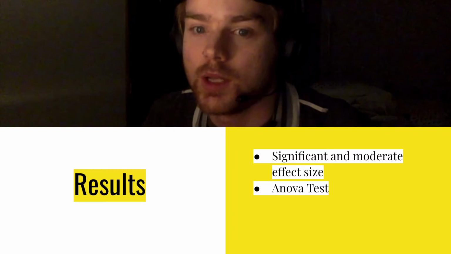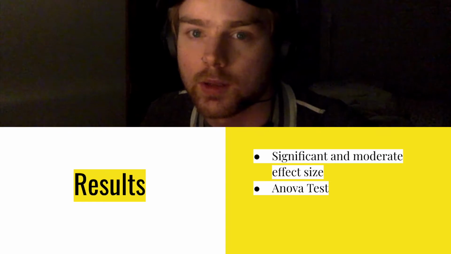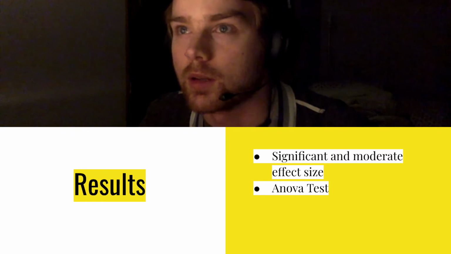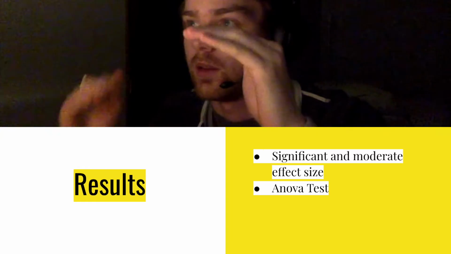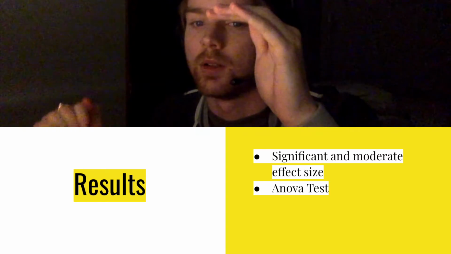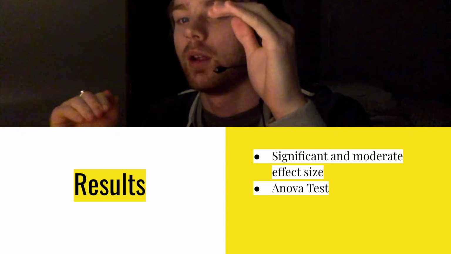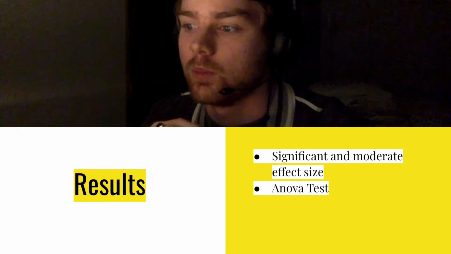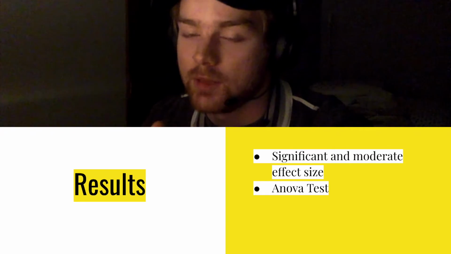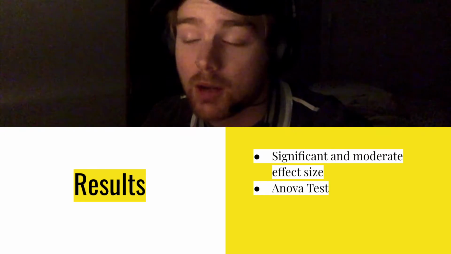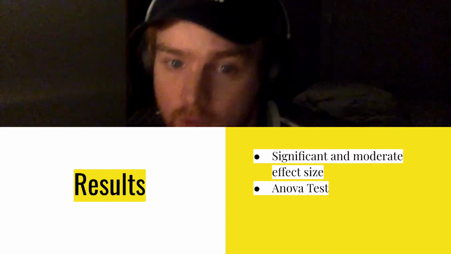So because of the assumed interplay that I'm proposing in this paper regarding the high weight of informational content and the lower but still present weight of emotional content, I am hypothesizing that there will be a significant and moderate effect size between groups on our ANOVA test.